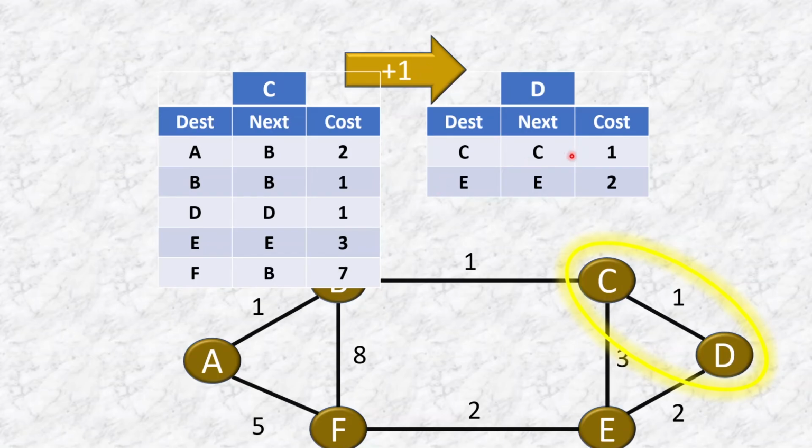What this means is if D wants to use any of these costs, any of these paths that C knows about, then it can simply pass the message to C, and C can get it at those destinations at the indicated costs. So all of those costs +1 are available at node D.